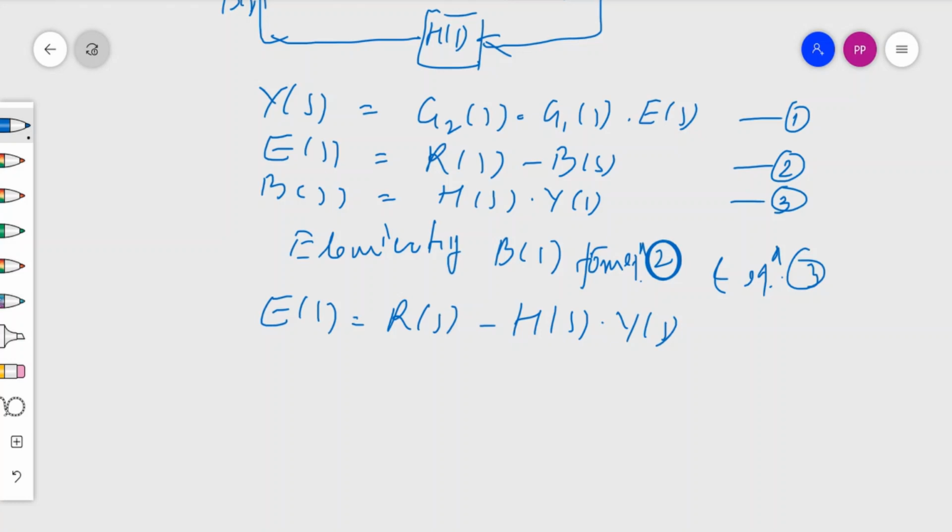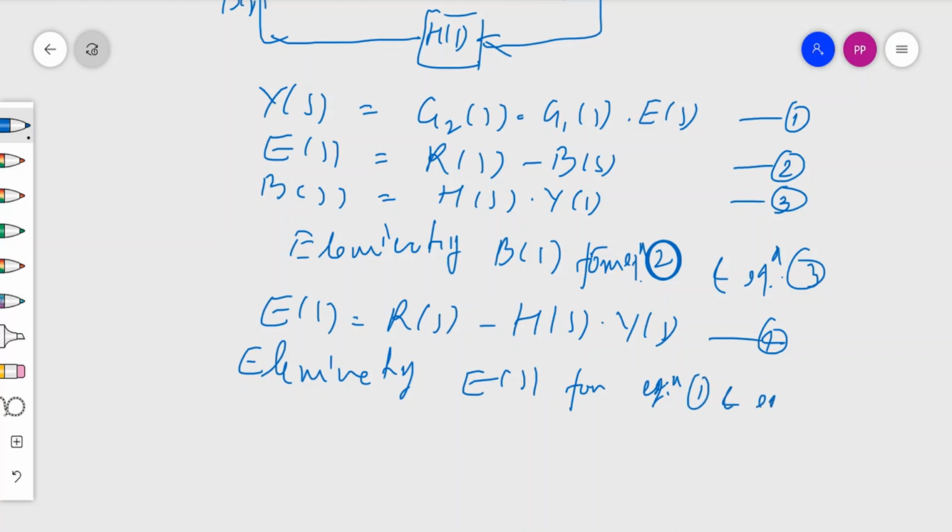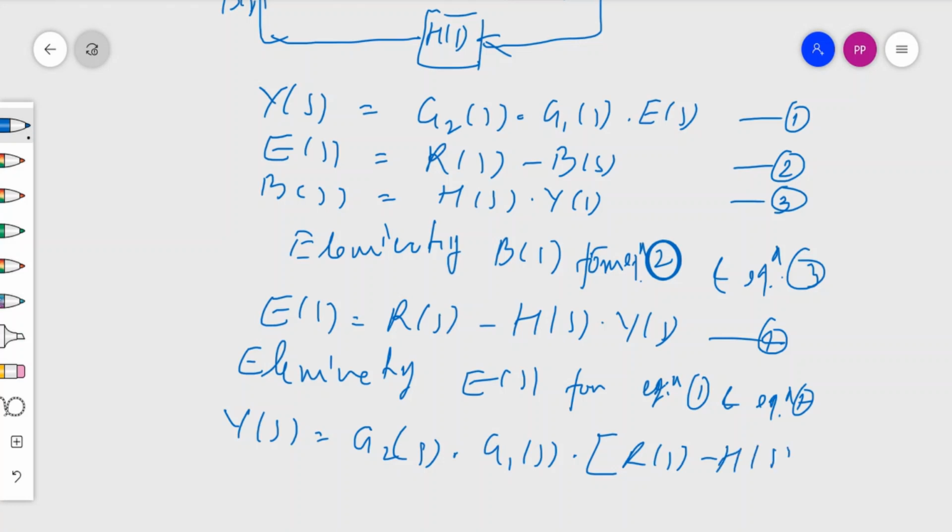So again we have to eliminate E(s) from equation 4 and equation 1. So eliminating E(s) from equation 1 and equation 4, we get Y(s) equal to G2(s). In equation 1 I can see that G2(s) coming first, then G1(s), then E(s) is replaced by R(s) minus H(s) and Y(s).